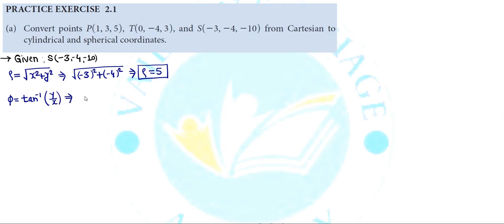So phi equals tan inverse of minus 4 divided by minus 3, which will be plus 4 by 3, that is, tan inverse of 4 by 3. You will find that value to be 53.13 degrees.